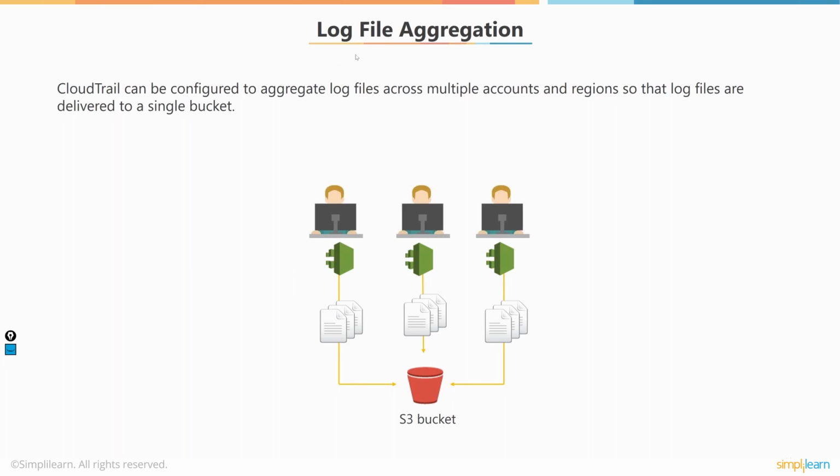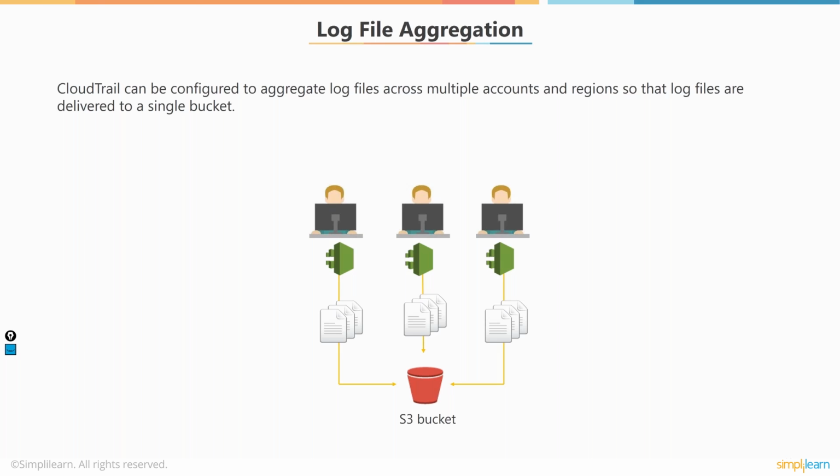Another one is log file aggregation. It's very, very important as well. CloudTrail can be configured to aggregate log files across multiple accounts and regions so that the log files are delivered to a single bucket. When do we use it and why? Imagine you have multiple accounts because your company wanted to do it this way. Imagine you have 10 accounts.